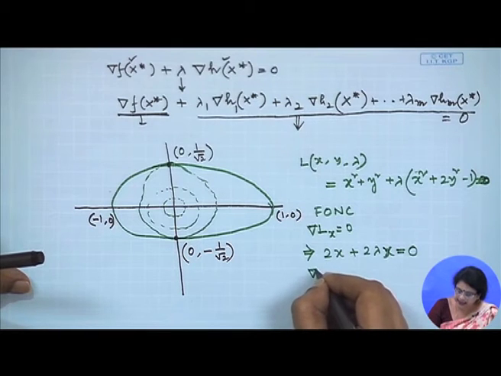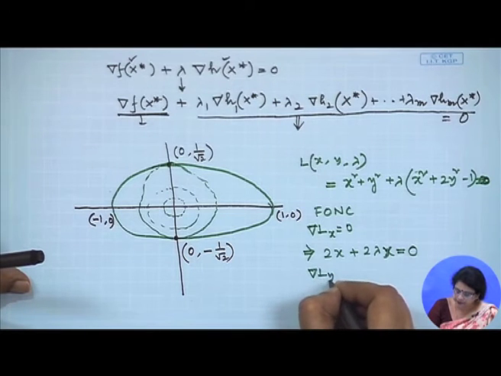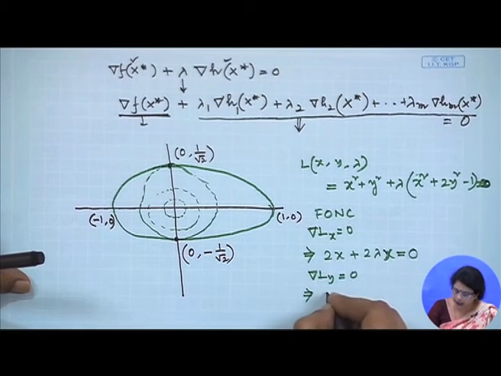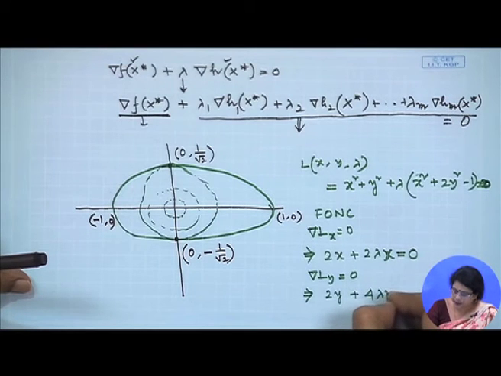And another first order necessary condition, partially differentiating L with respect to y, gives 2y plus 4 lambda y equal to 0.